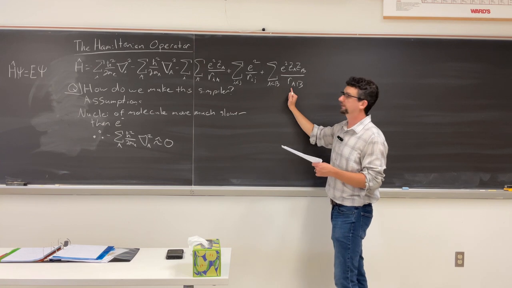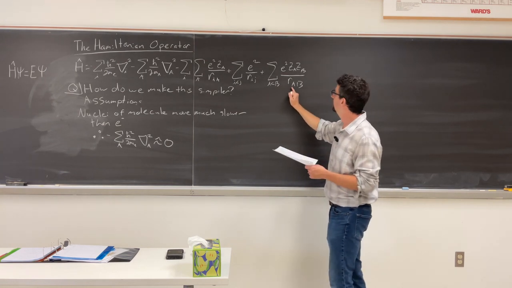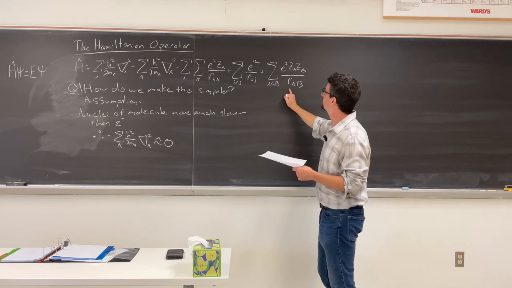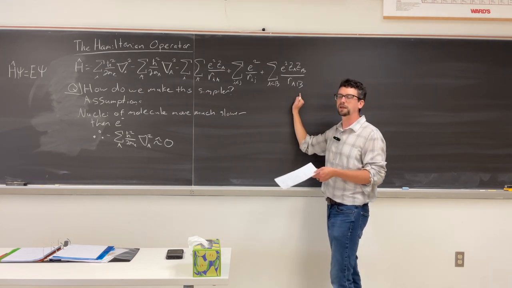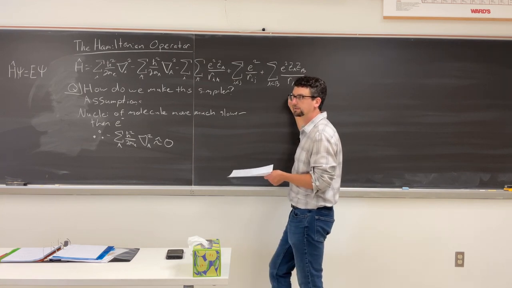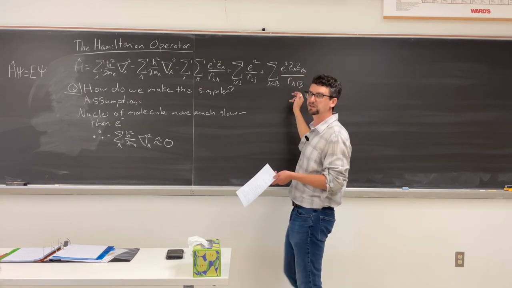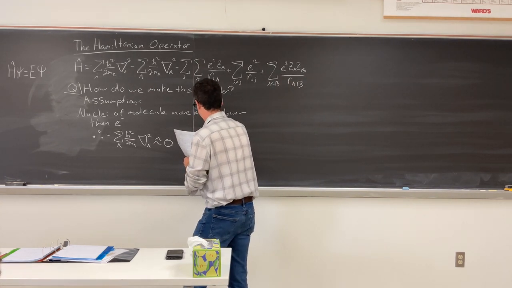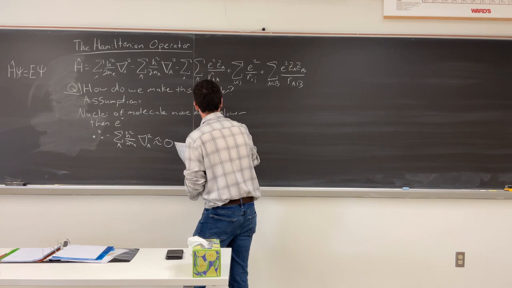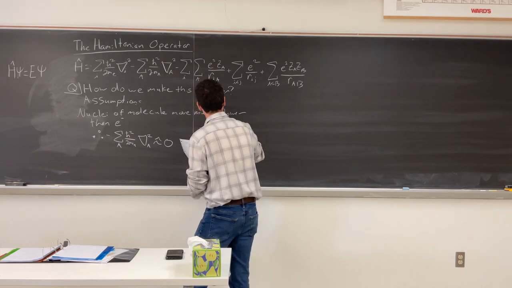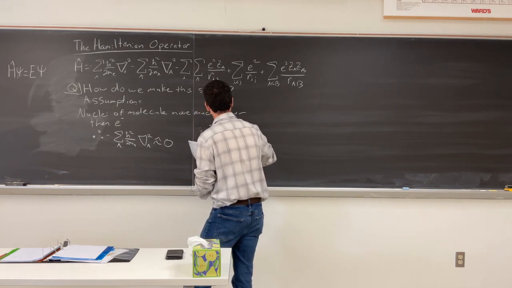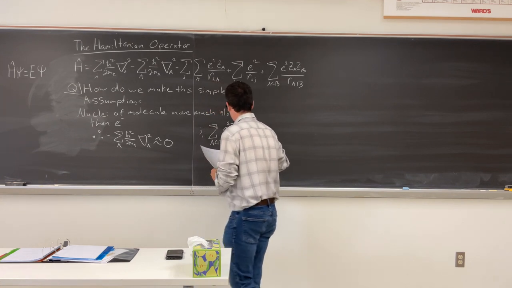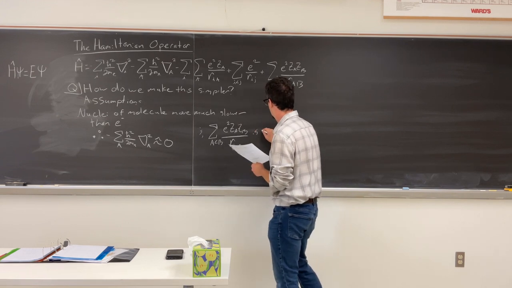The other thing is since the nuclei really aren't moving that much, they're stationary, this term on the end, we can just tack it on as a constant. So this bit can just be constant because the distance between the nuclei will not change much. Oops, capital A, B is a constant.